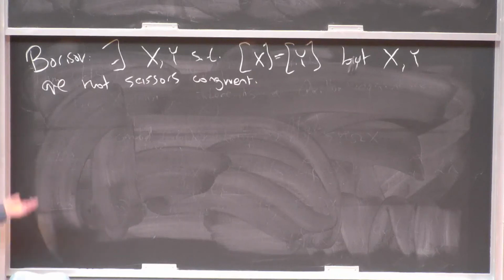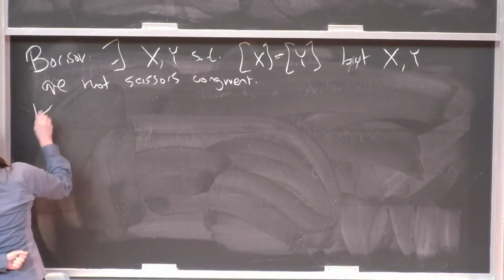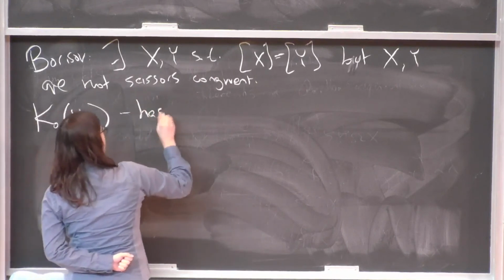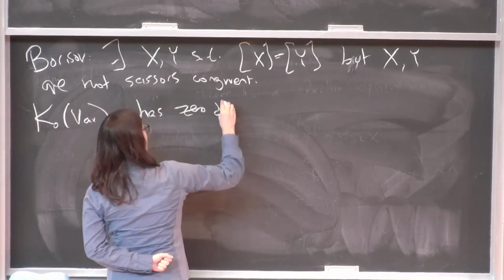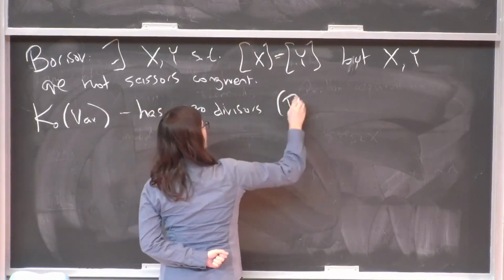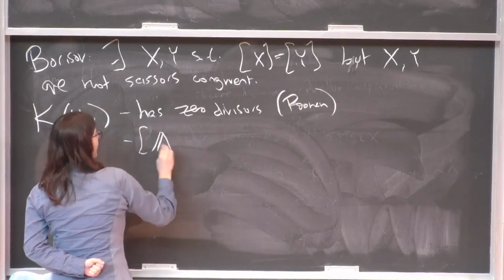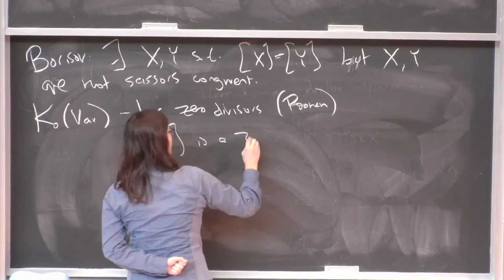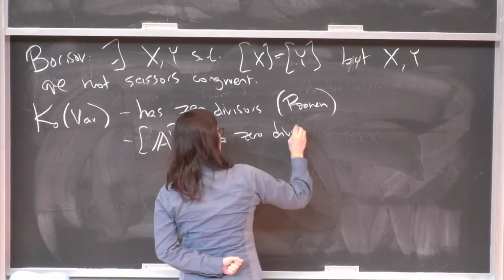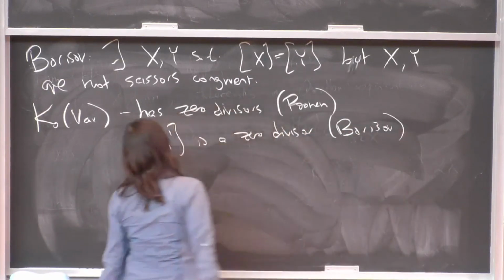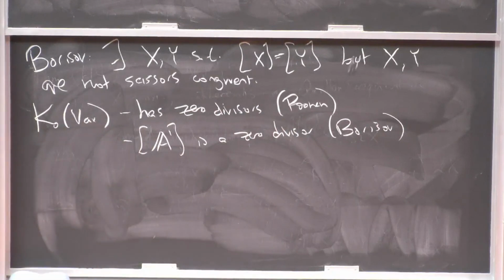It has zero divisors, that's a result of Poonen. And in fact, the class of the affine line is a zero divisor. This is, again, Borisov. So it's not a pretty ring.